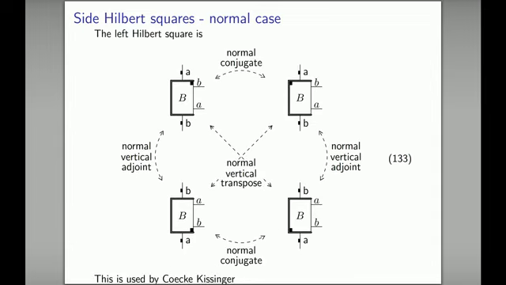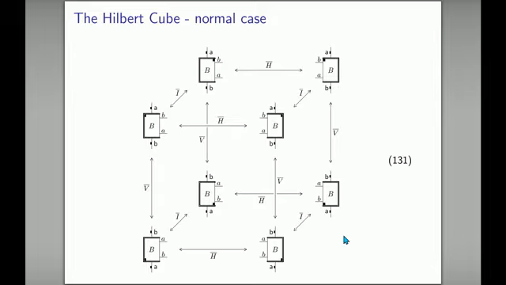You have one on the left, this is the one I've drawn, you also get one on the right, and that's the thing that's used by Kircher and Kissinger. It took me a while, because I was reading their book and I was puzzled as to why they had differences between what they were doing, and after a while I understood that they were using a different part of the Hilbert cube. There are, incidentally, other squares of objects in here you can find, like you could consider the square consisting of these two at the front top and those two at the bottom back. That's also a square you can consider, and so on.